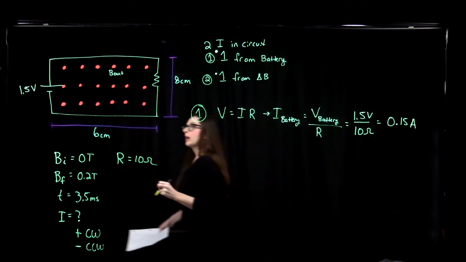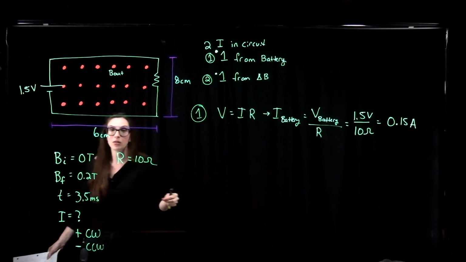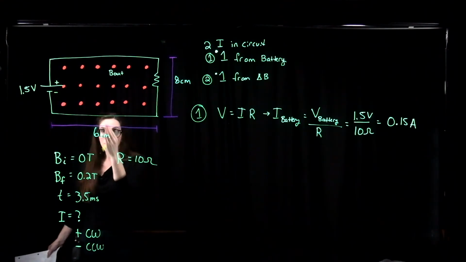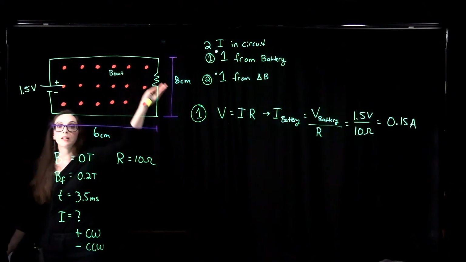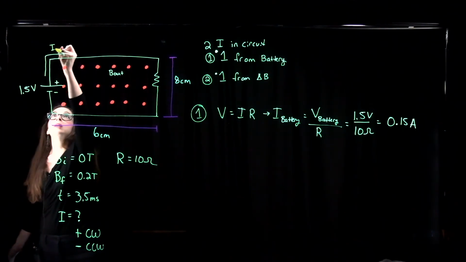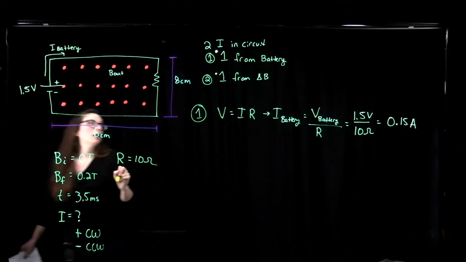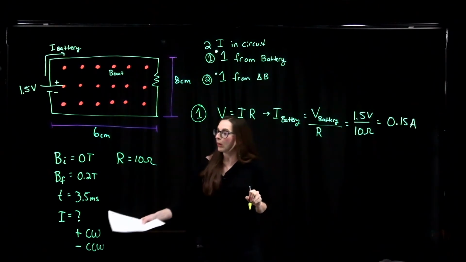Let's think about its direction. So we remember that the direction of the conventional current is away from the positive terminal and toward the negative terminal. This is my positive terminal, this is my negative terminal. So this is the direction of my conventional current from the battery. That is a current that is clockwise.